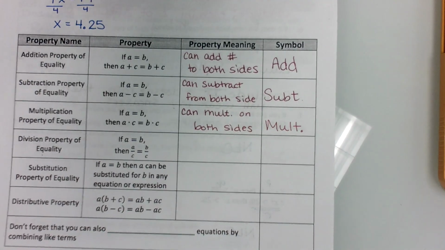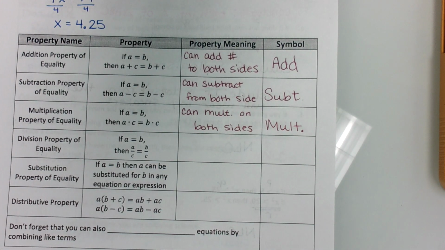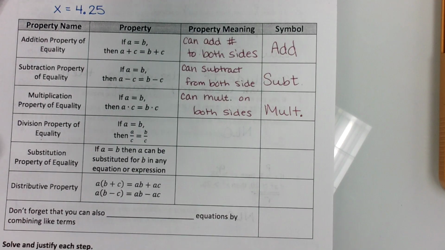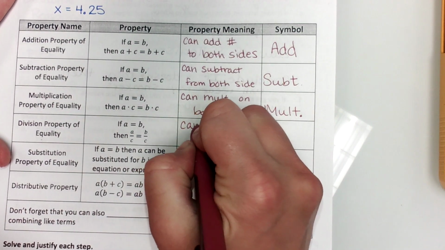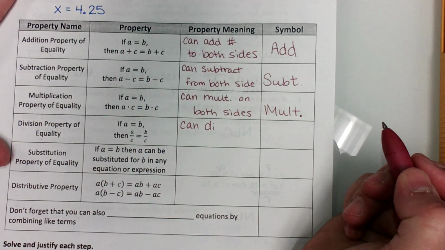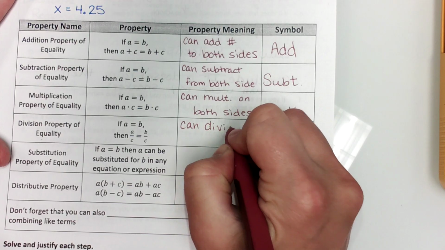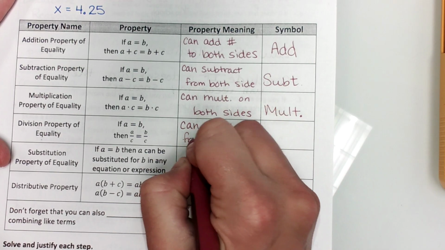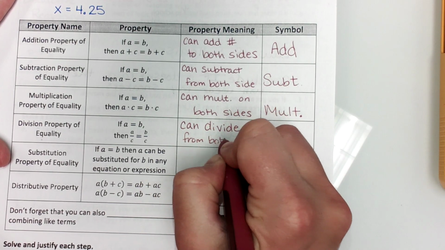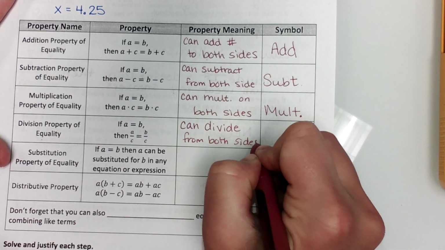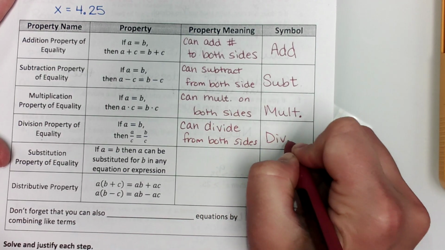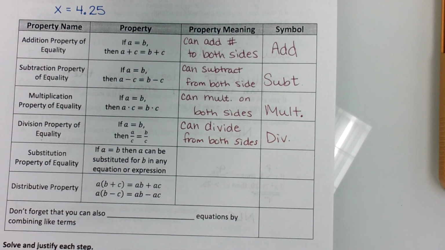M-U-L-T is how we shorten that down. Division property of equality. Page 12. Can divide from both sides. Shorten div, D-I-V.